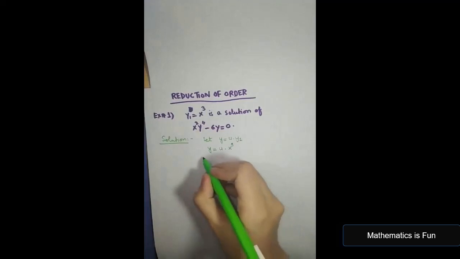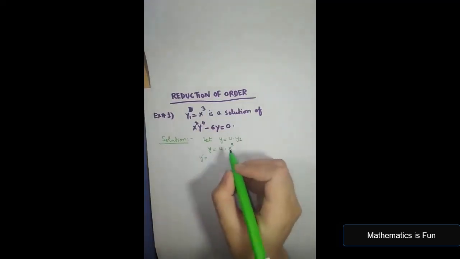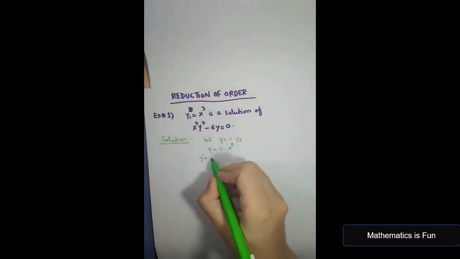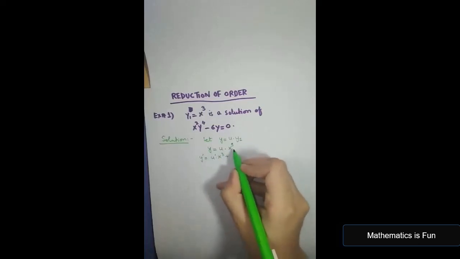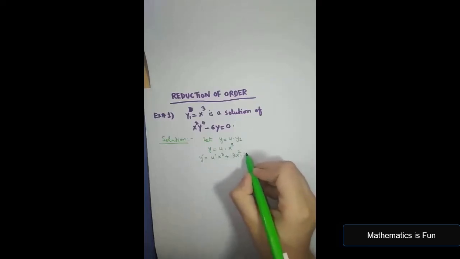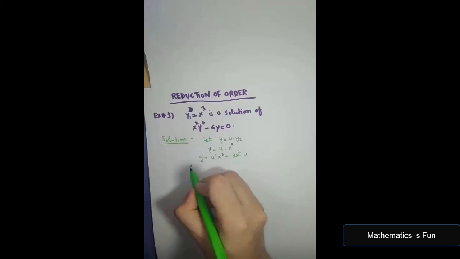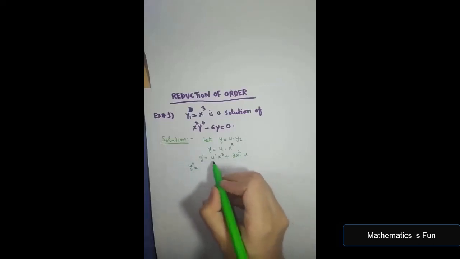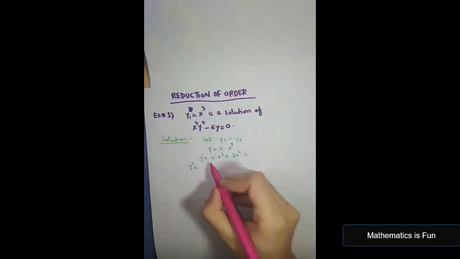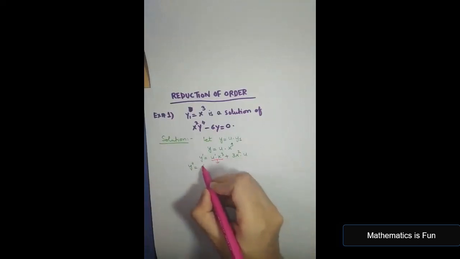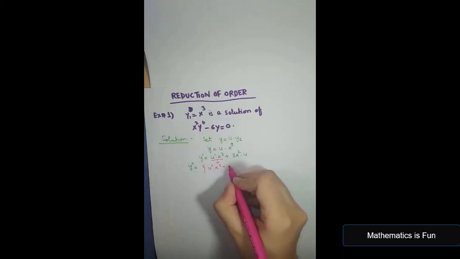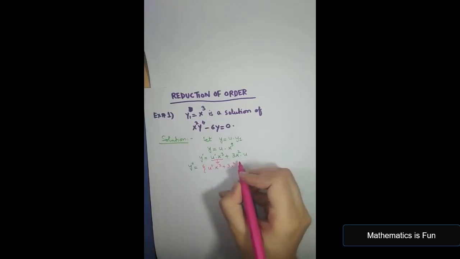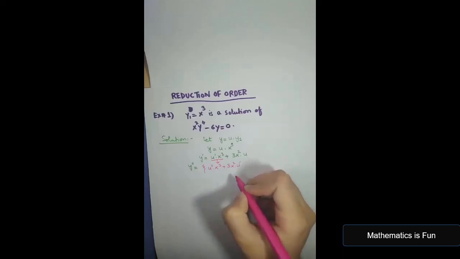Okay, so y dash, by using the product rule, is u dash times x cubed plus x cubed's derivative 3x squared times u, and also y double dash is the product rule again: u double dash times x cubed plus 3x squared times u dash.